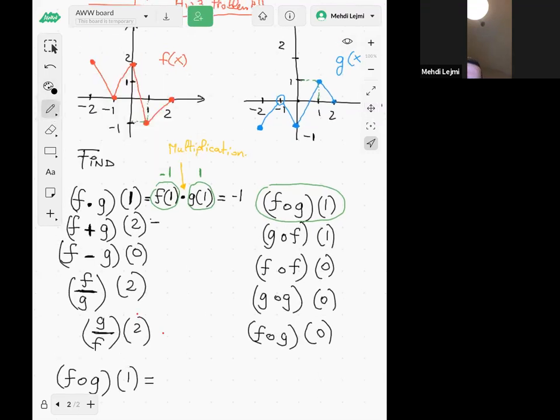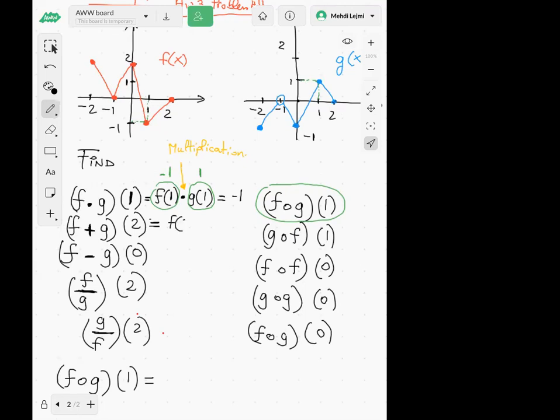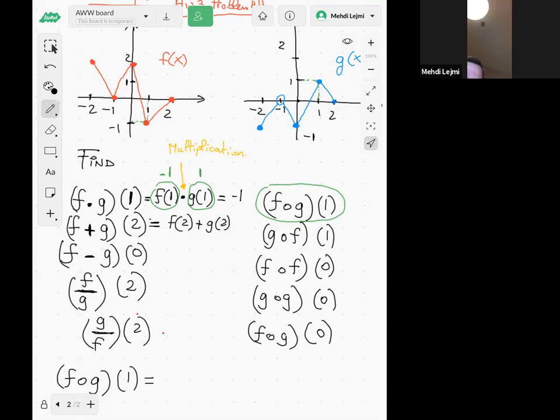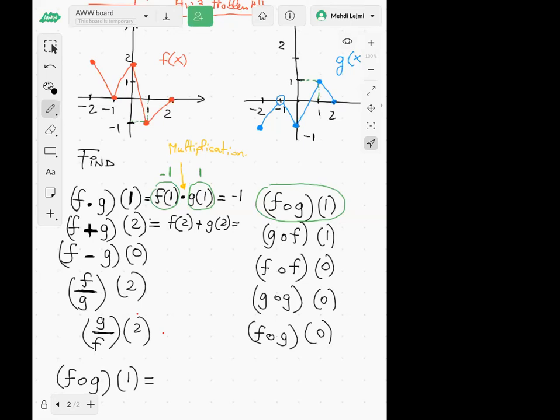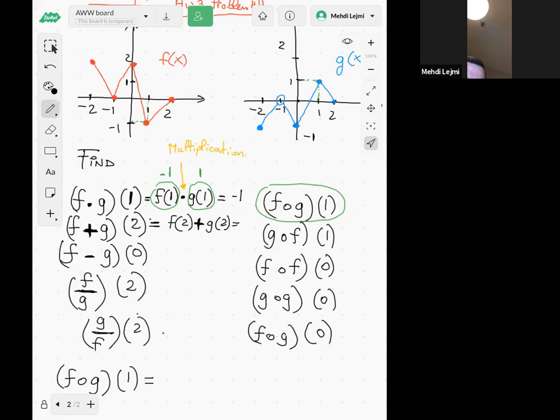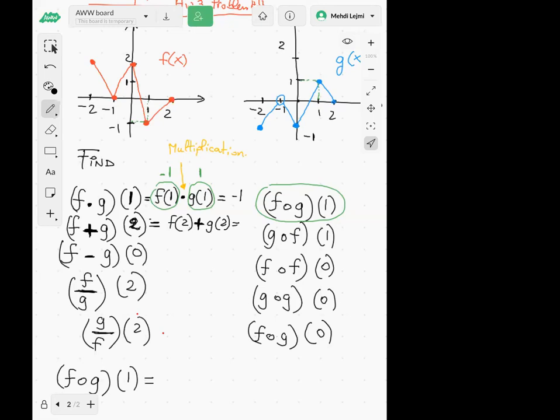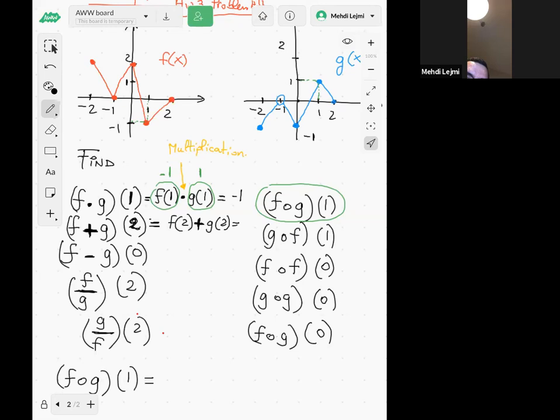So Rabiul is talking about the next one, right? This f plus g of 2. Yes. So that would be f of 2 plus g of 2, because we have a plus. And the x is 2 here. It's not 1, right? We have a different input.